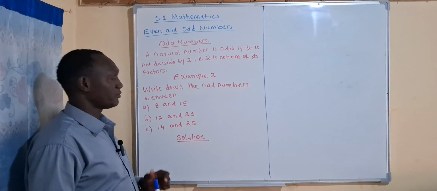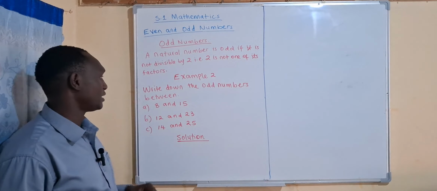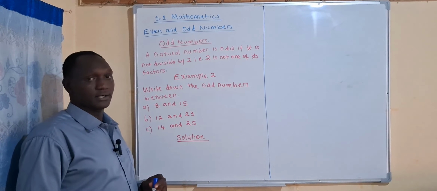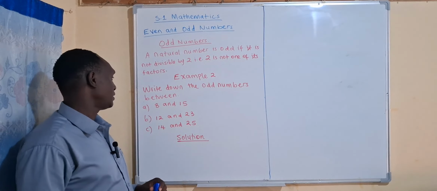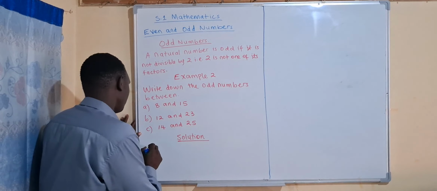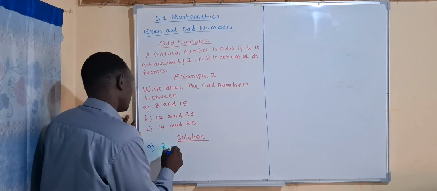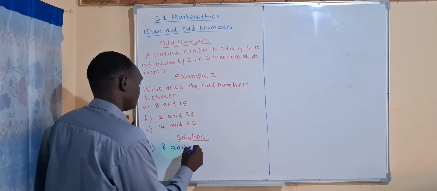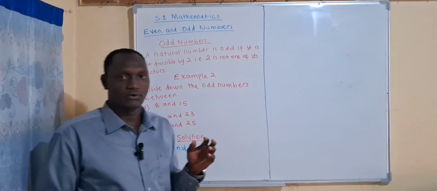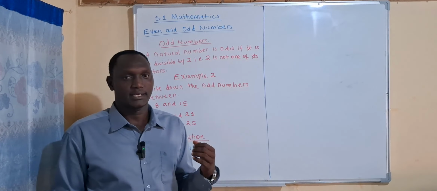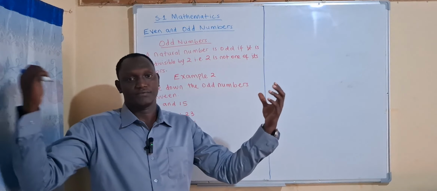So, example 2 on natural numbers says, write down the odd numbers between 8 and 15. The concept of between is already clear, that you have 8 and 15.